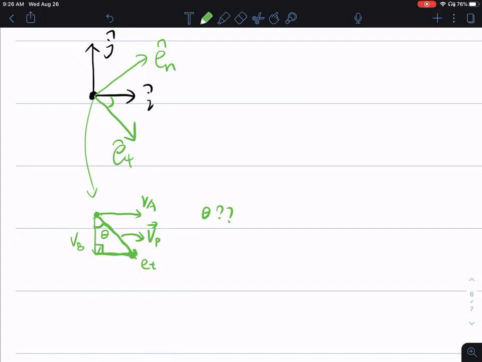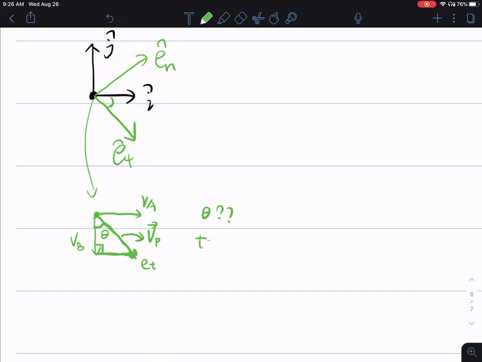So this is a triangle. We know the length of this edge. We know the length of this edge. What is the angle here? Tangent, right? I heard tangent. Tangent theta equals this edge divided by that edge. Boom. We can find out what theta is in that case.